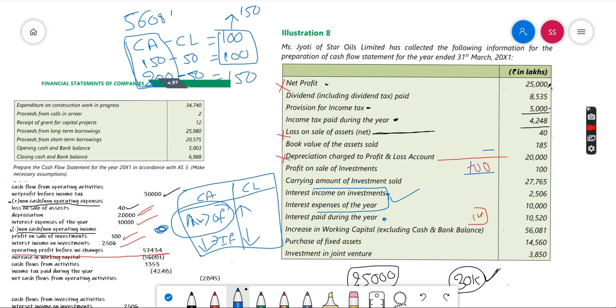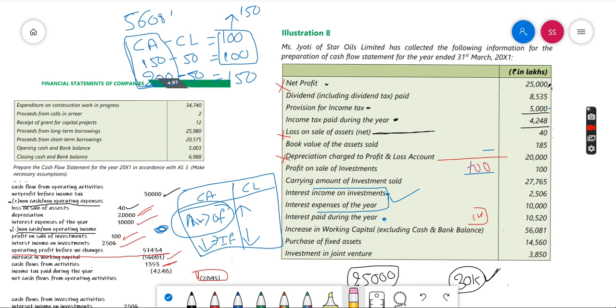Put it in the deduction column here: increase in working capital, deduct that. So operating profit before working capital changes is 57,434 minus 56,081 rupees. Then we will get cash flows from operating activities of 1,353 rupees. And then income tax paid during the year is 4,248 rupees. So then you will get the net cash flows from operating activities, which is negative 2,895.